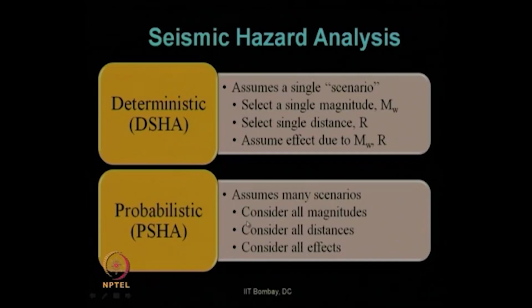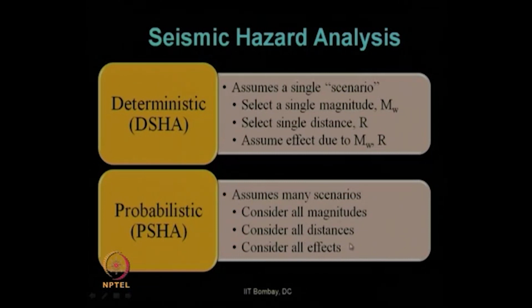Whereas in PSHA, we assume many scenarios. We consider all the magnitudes, not only the maximum, but also other magnitudes. That means, suppose among several sources, not only the sources which produce the maximum magnitude, but also the sources which produce less than the maximum magnitude need to be considered.